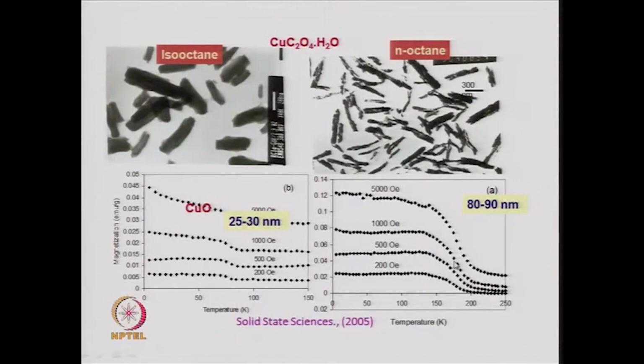But more important is the fact that because of different size of particles, here you have 25 to 30 nanometers, and in this copper oxide the size of particles is 80 or 90 nanometers, the two different particle sizes give you two different TCs. The temperature at which the weak ferromagnetism occurs is called the Curie temperature, and that is around 210 Kelvin here, and in this case it is around 80 Kelvin.